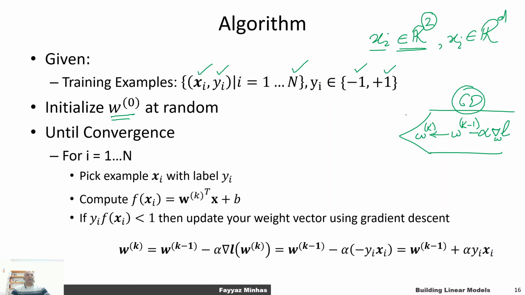And we'll be using this equation. If you are given n training examples, we pick a single example and use our discriminant function, or the current value of w, to compute the discriminant function score for that particular example. There should be an i over here, sorry for the typo. Once we have that score, we calculate the gradient.